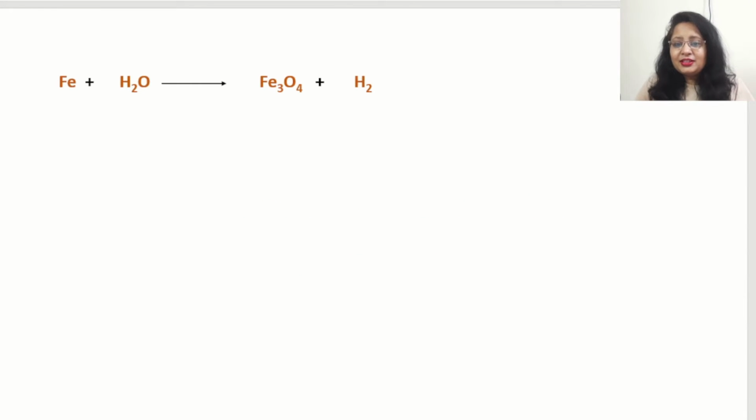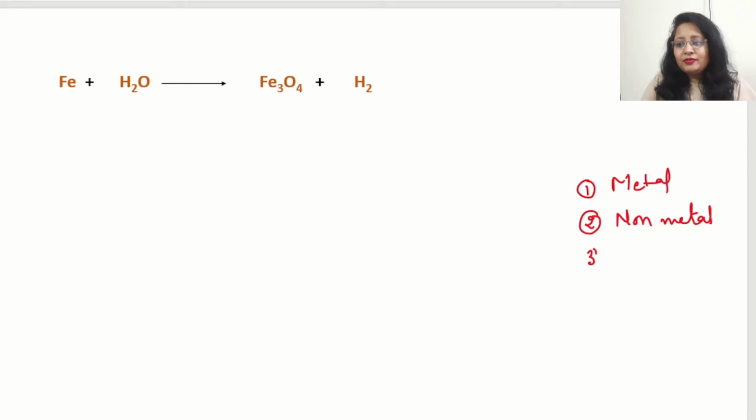So friends, in this type of chemical balancing, there are a few points to remember. When we are going to do balancing by the hit and trial method, first of all, we will balance the metal portion. After that, second point will be the non-metal.